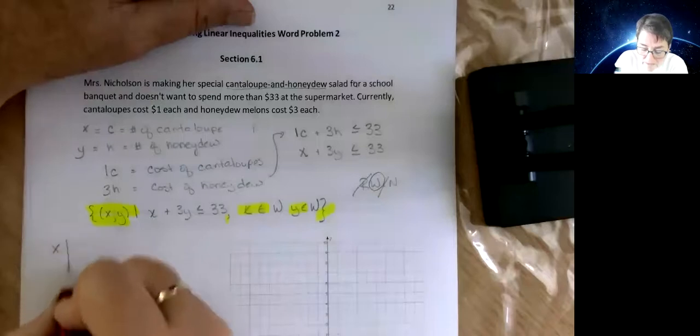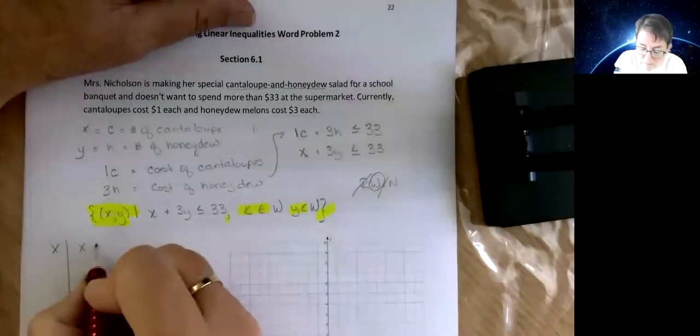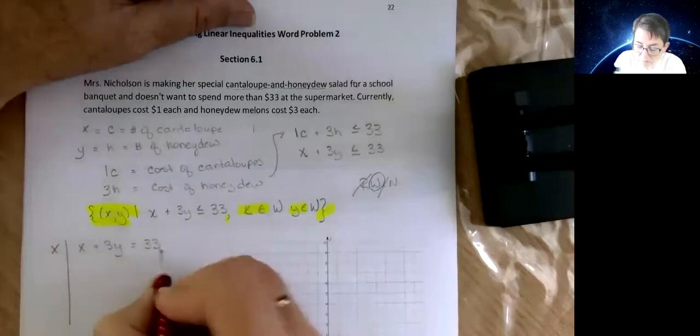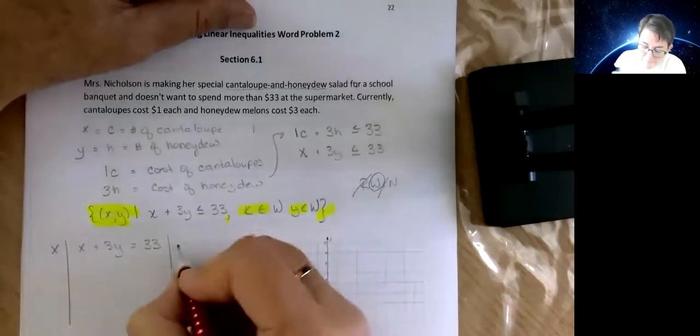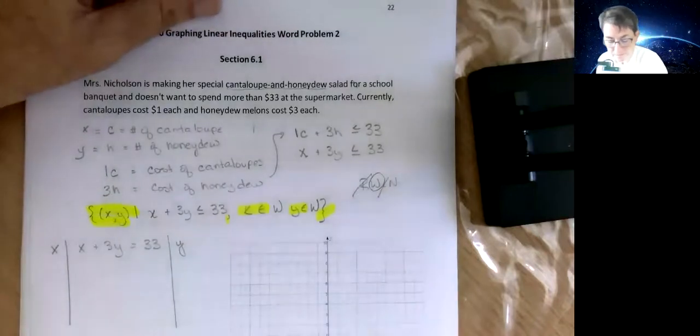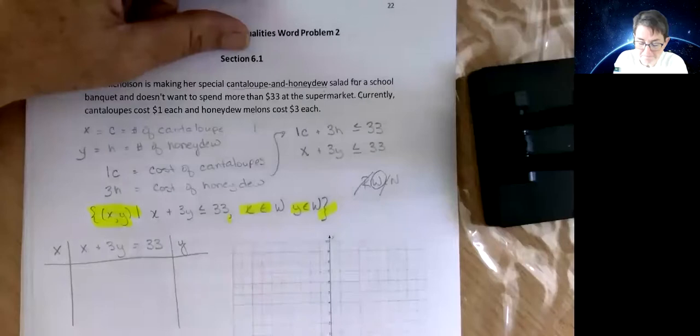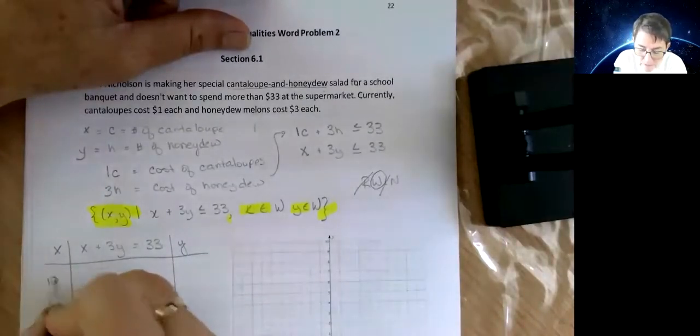So we've got everything we need. So x plus 3y is equal to 33, and y. Well, the biggest number we have for x is 10. So let's try that.